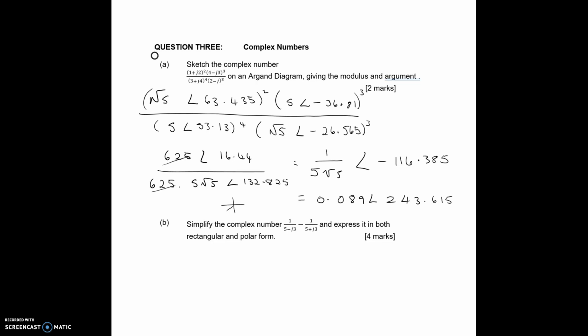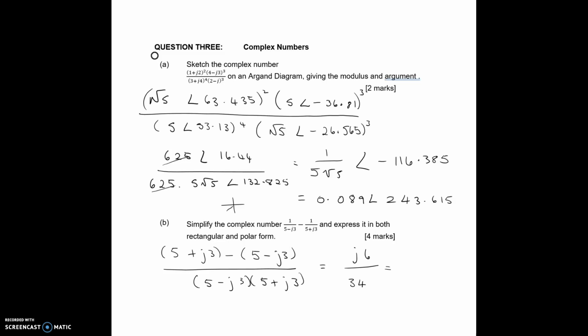Pretty tiny, but at the angle of 243 all the way around. For part B, you need to just treat these as ordinary fractions. So it would be 5 plus j3 minus 5 minus j3 over common denominator, which of course is just going to give us a real number on the bottom, and on the top it gives us j6.